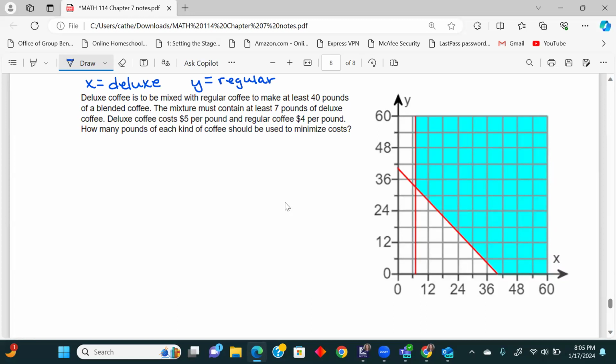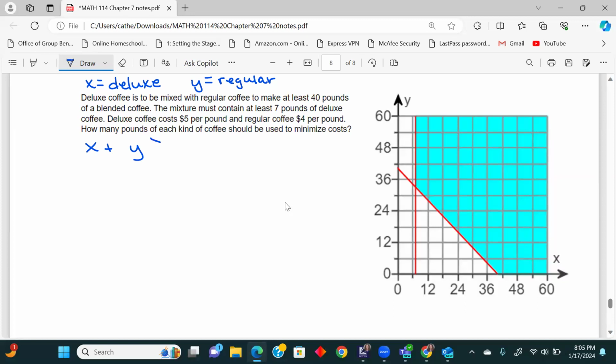All right. Deluxe must be mixed with regular. I always put X and Y in the order that I find them in the question. Make at least 40 pounds of a blended coffee. So however many pounds of X plus however many pounds of Y, we need to make at least 40 pounds.